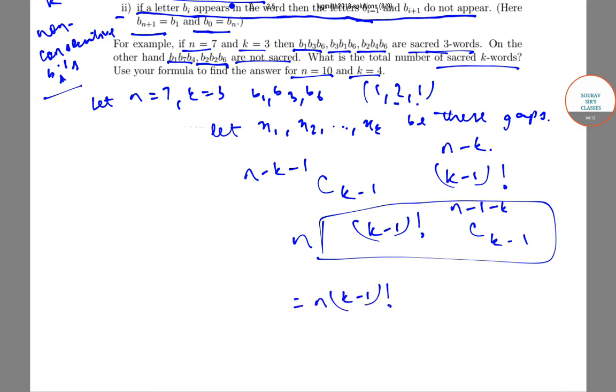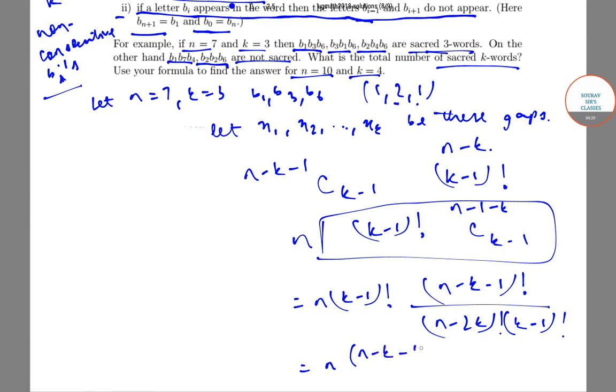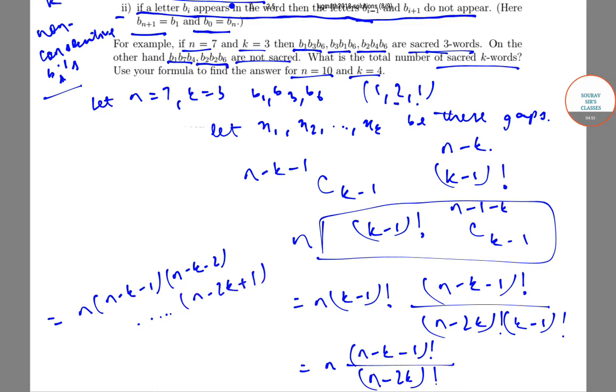n into k minus 1 factorial into n minus k minus 1 factorial by n minus 2k factorial into k minus 1 factorial, which is equal to n into n minus k minus 1 factorial by n minus 2k factorial, which is equal to n into n minus k minus 1 into n minus k minus 2 and so on up to n minus 2k plus 1.